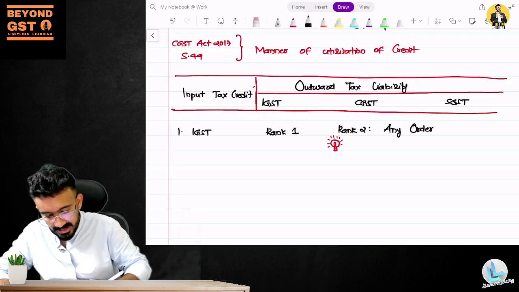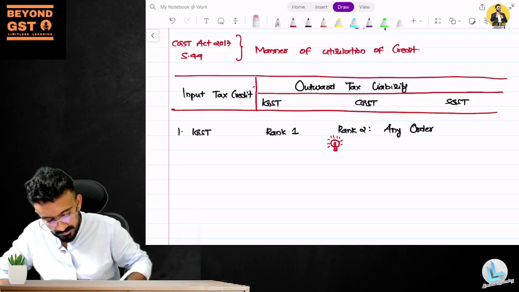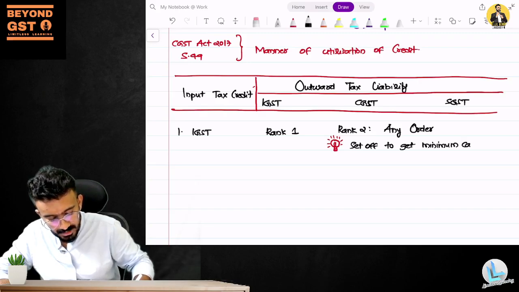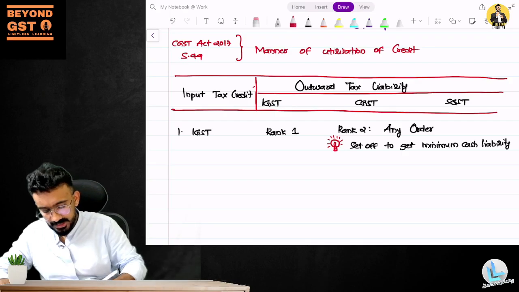I would call this set off to get minimum liability, cash liability. And I'll tell you how that set off can be done.